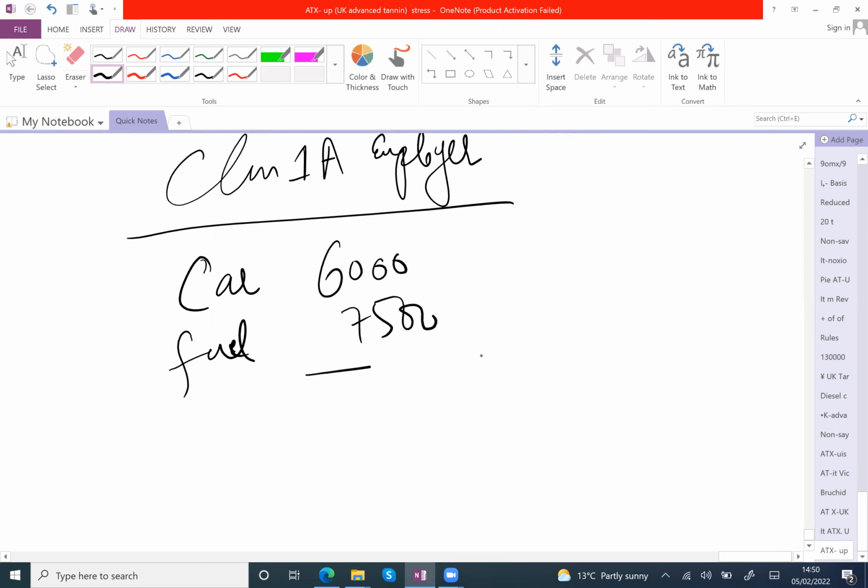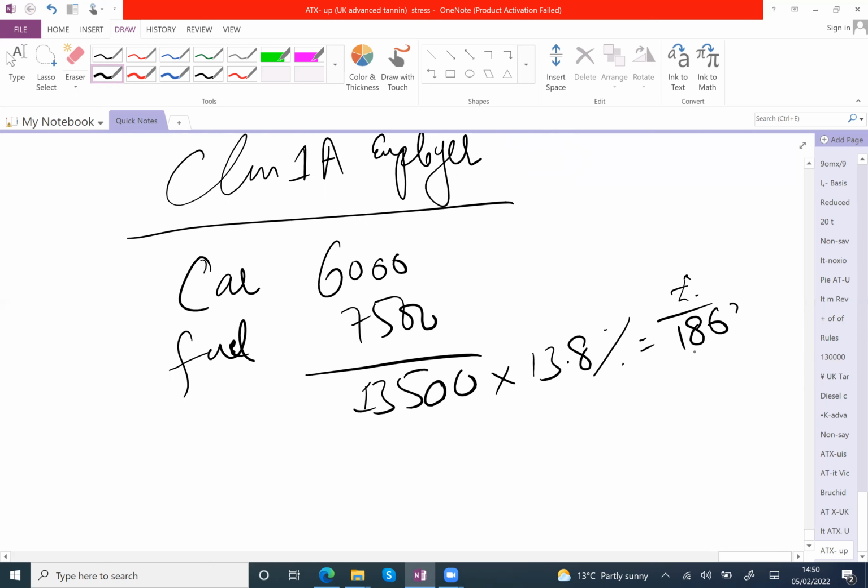So the total benefit amount is 13,500. Directly apply 13.8% on it. And the NIC is 1,863. That's it.